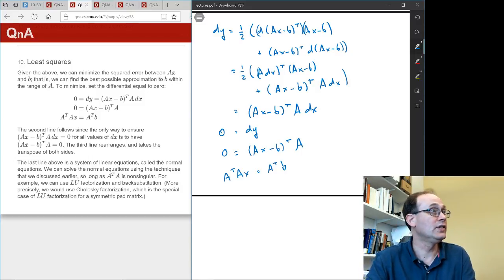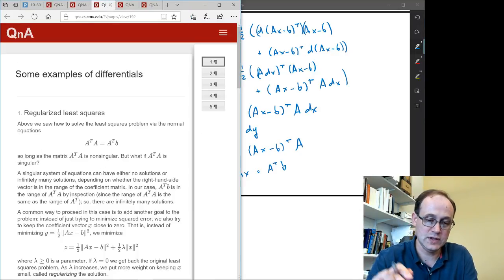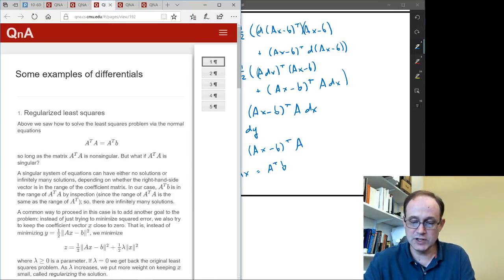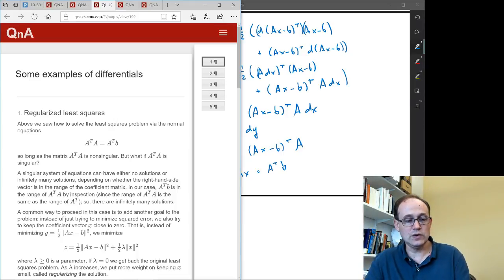All right, so let's move on to the next set of lecture notes. So we have a bunch of examples of differentials here. The first couple of examples are generalizations of this least squares problem. So you can basically go through fairly similar math, just a little bit more complicated, and make sure that it all makes sense.